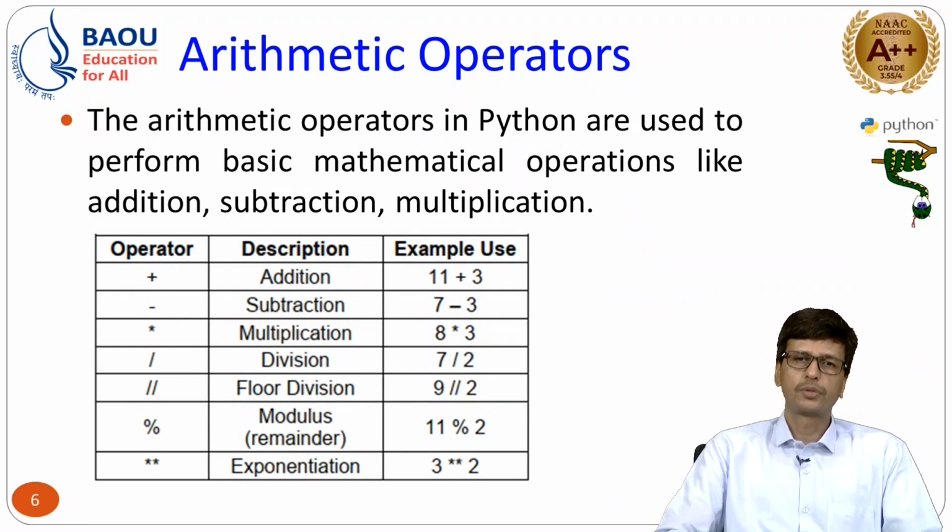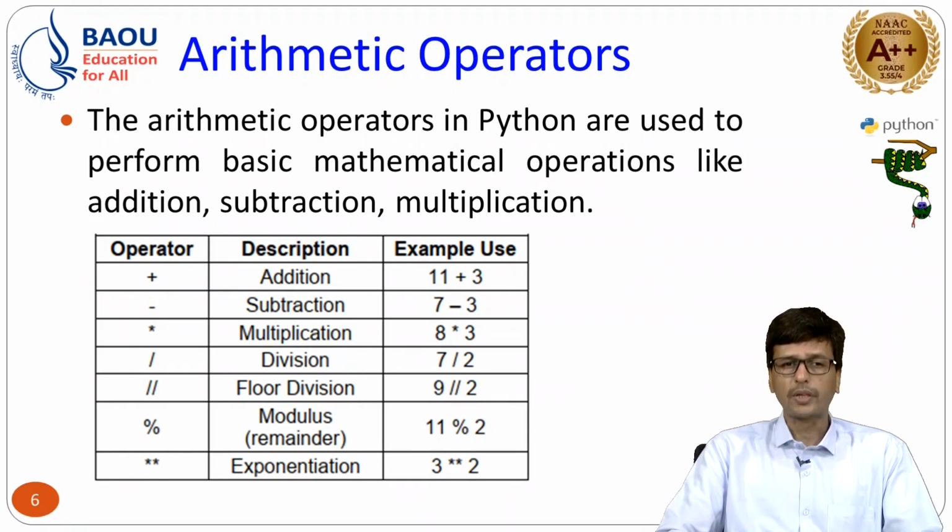Suppose you are using numeric data, in that case it will perform multiplication and give you the answer. But if you are using string data with the asterisk sign, that string can be repeated or printed multiple times, for which you multiply it with a particular number or operand value.